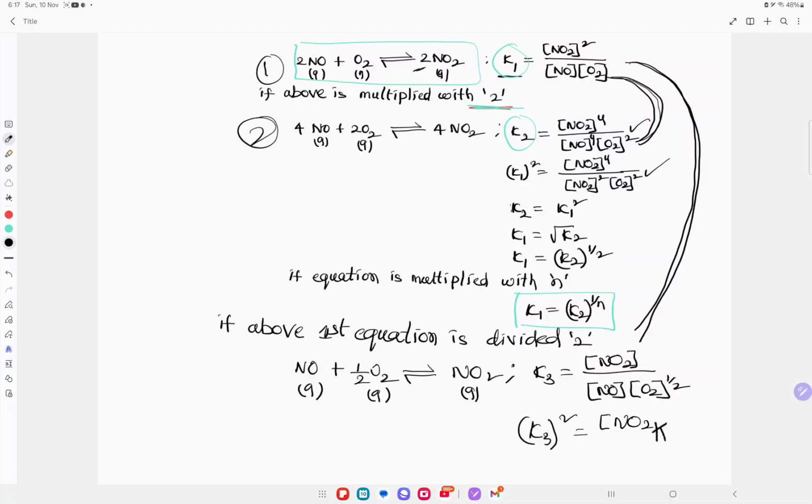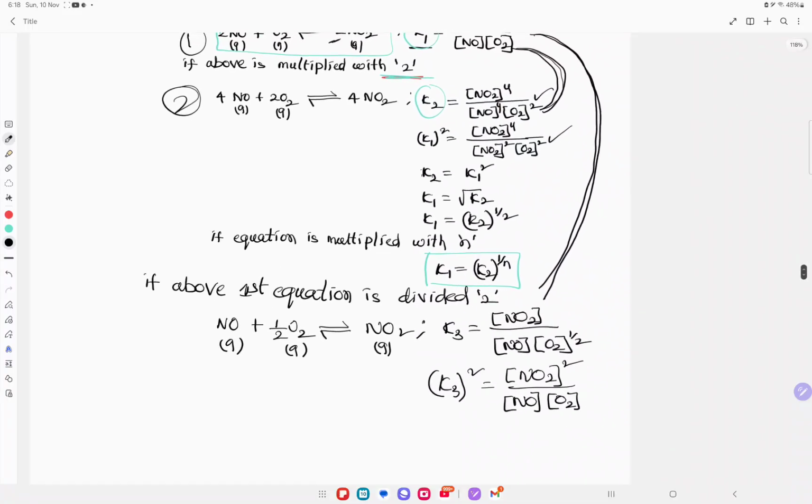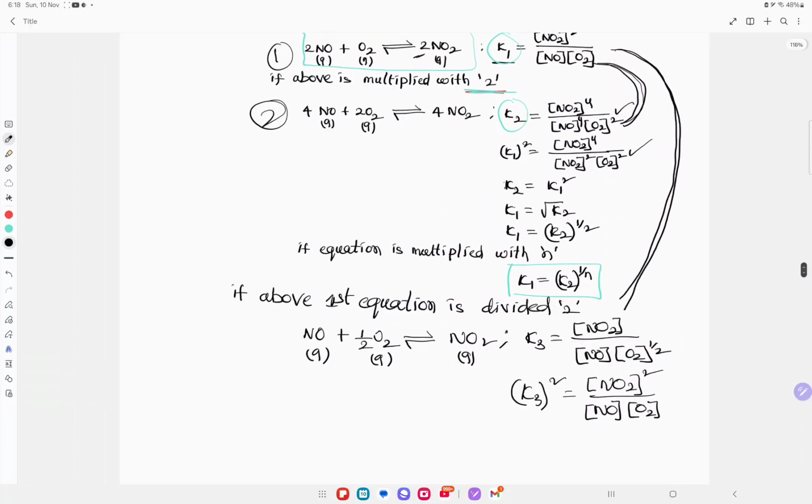Molar concentration of NO2 raised to power 2 by molar concentration of NO into molar concentration of O2, 1 by 2 into 2. Square means 1 by 2 into 2, the 2 cancels and it becomes 1. That means this equation is obtained by squaring K3. So from this, we can write K1 is equal to K3 power 2.